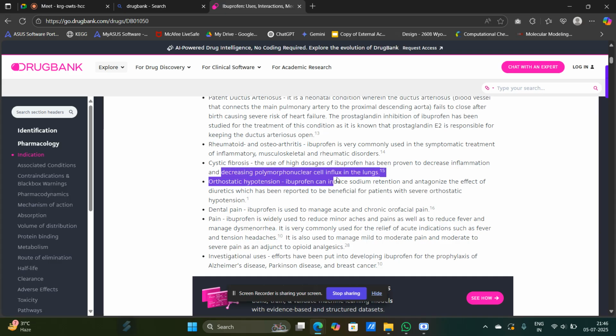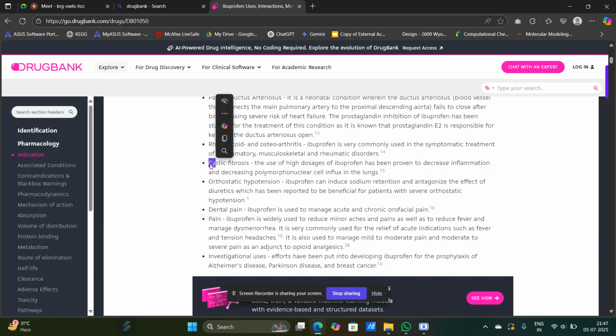This is something you can look into if you're interested. I think we also study cystic fibrosis in medical biotechnology. I'm not sure if BTech students have that course, but in MSc, there is an option to choose medical biotechnology under electives. So in that, we did study cystic fibrosis.